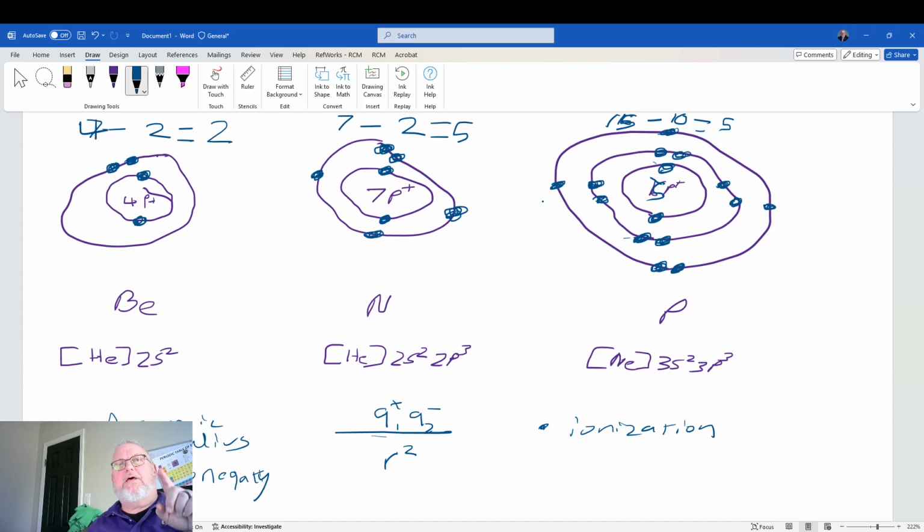Atomic radius increases going down a column, decreases going across left to right the table, the periodic table, in the same period. Electronegativity increases going across the table, decreases going down a group. And ionization energy increases going left to right across the table and decreases going down.